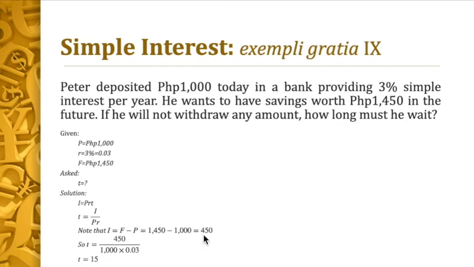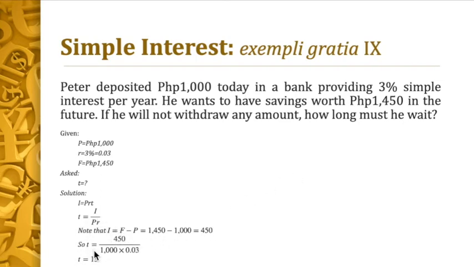That's the interest, so the interest must be 450 pesos. That's very clear to see, right? You want your money in the bank to have an extra 450. So that 450 should be the interest, right?